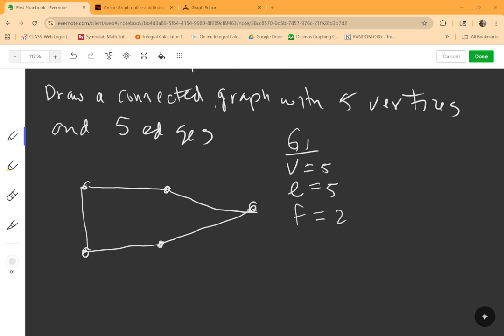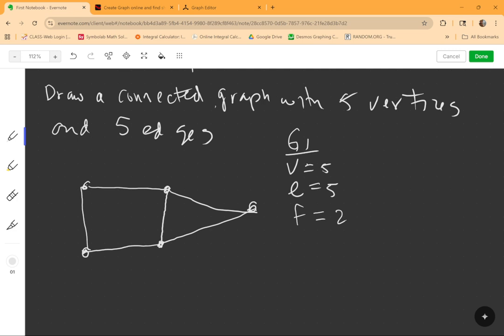Now let's add a single edge to our graph between vertices that are not already adjacent. There's a few different ways I can do that. Let me start by just doing this.